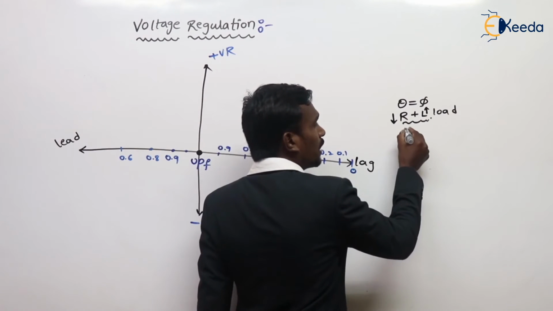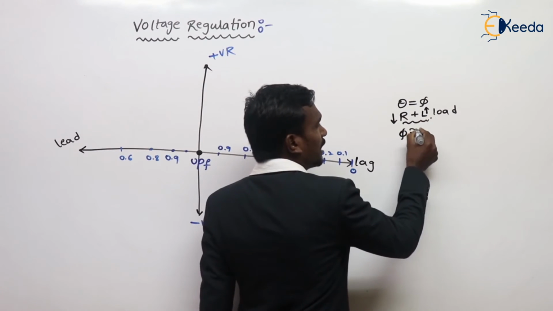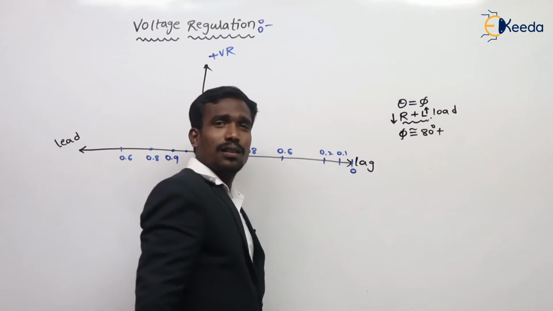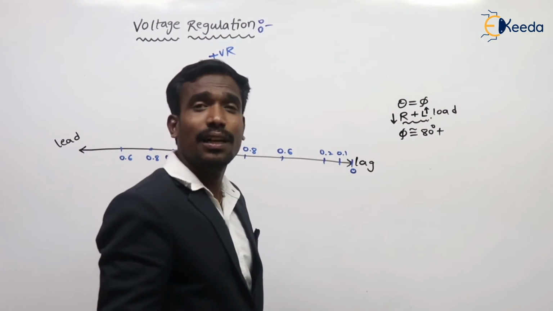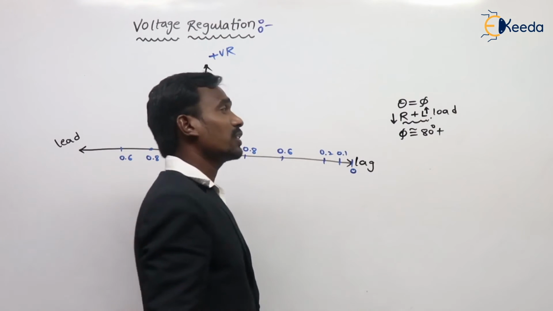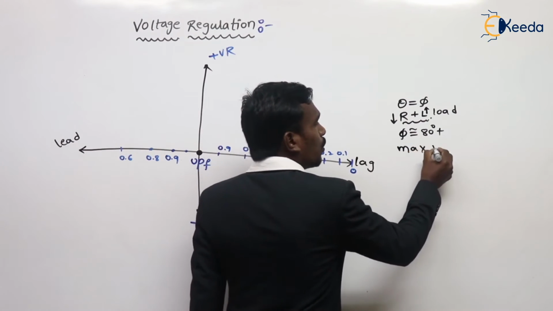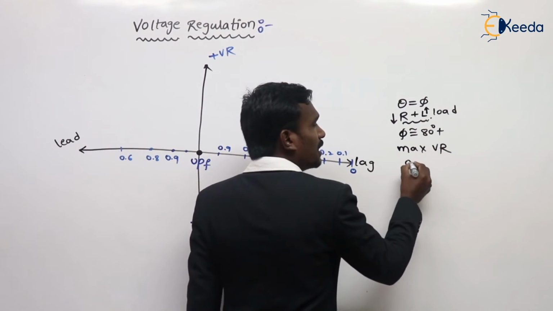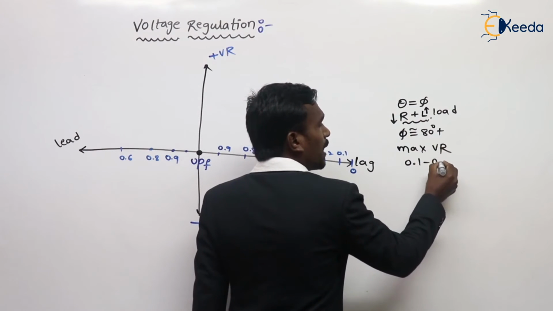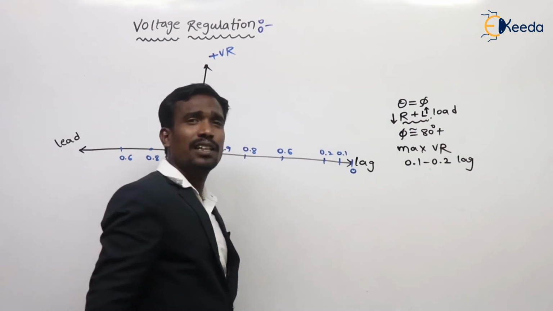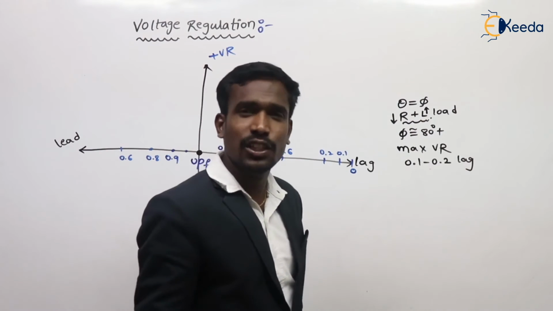That is mostly when the power factor angle is nearly 80 degrees plus. At that condition only can we get the maximum voltage regulation. Generally the maximum voltage regulation occurs between 0.1 to 0.2 lagging, because of the 80 degrees to 85 degrees range.